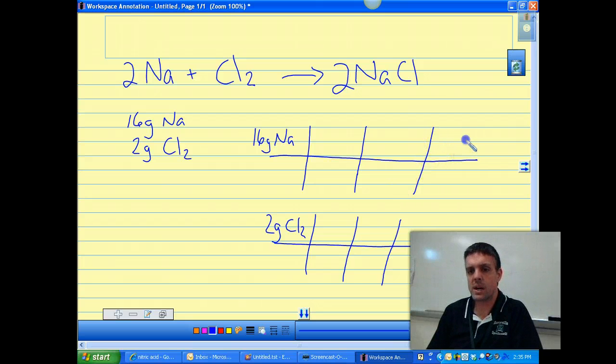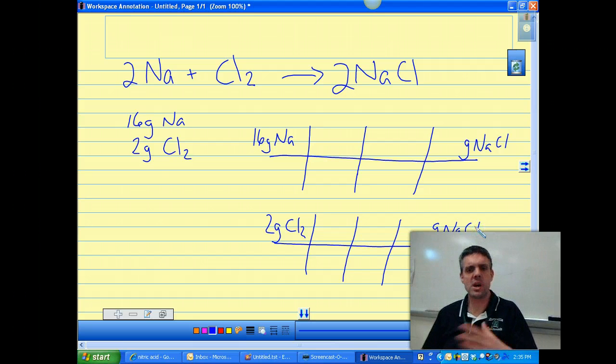All right, so what you can see me setting up here is starting amounts in the upper left and how we want to finish at the end, grams of salt. Okay. So now we go ahead and work through. We know that the first section is changing from grams to moles, so we have to use the periodic table.